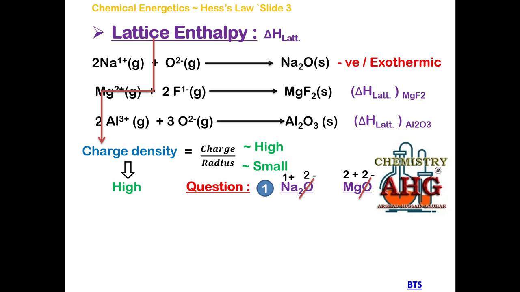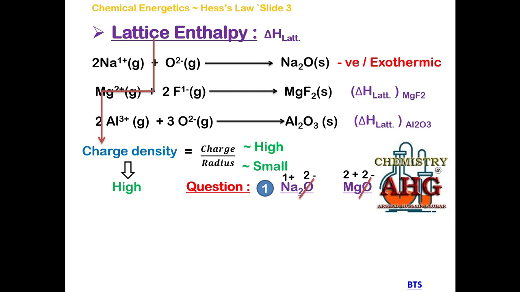So an ion with higher charge would have high charge density. So that is why you can conclude that magnesium oxide would have strong ionic bond. It would have more exothermic lattice enthalpy. So that is why magnesium oxide would have high melting and boiling point. And it is very simple. You studied even in your O levels class that magnesium oxide is used as a refractory material.